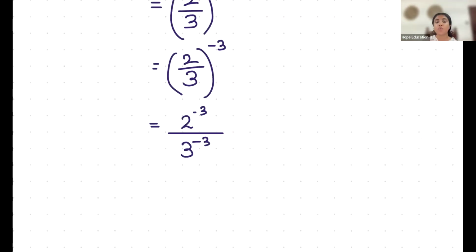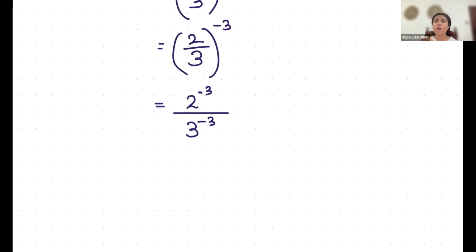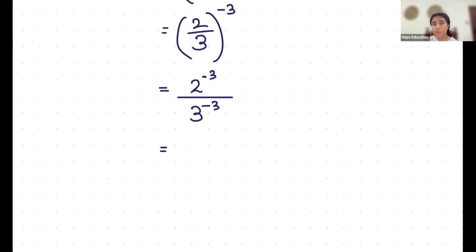Now you can see the power of 2 is minus. 3 also has minus. See, both have a negative index. What am I going to do here is that 2 to the power minus 3 is now in the numerator, no? I bring it to the denominator.